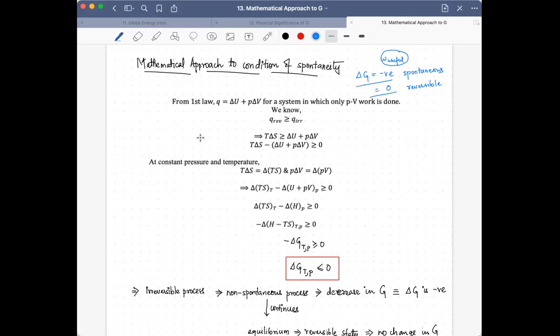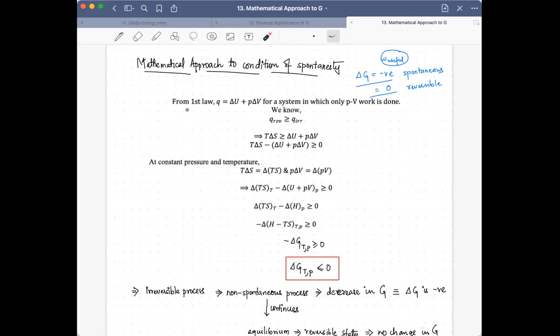Today we will look at another approach by which you can directly see that delta G is negative for a spontaneous process, however it is equal to zero for a reversible process. That is what we are going to look into in today's lecture.